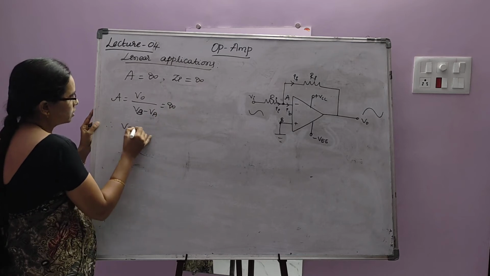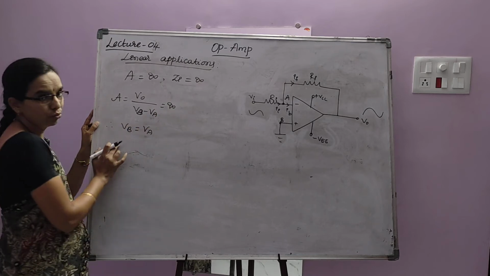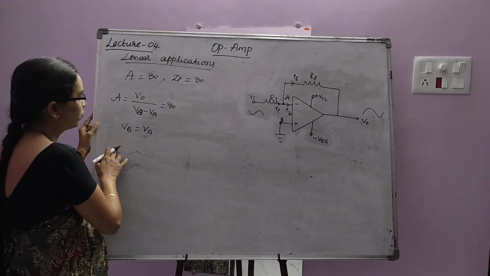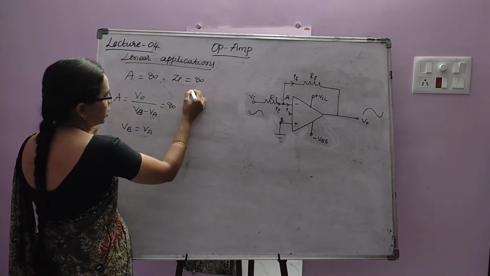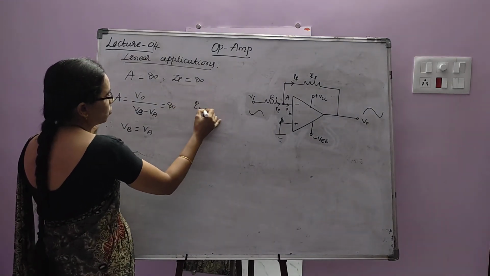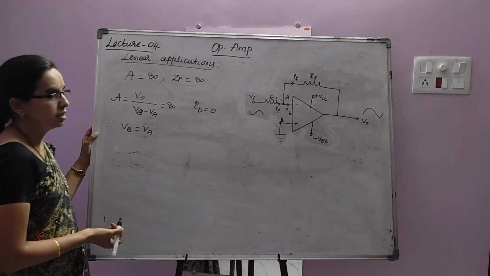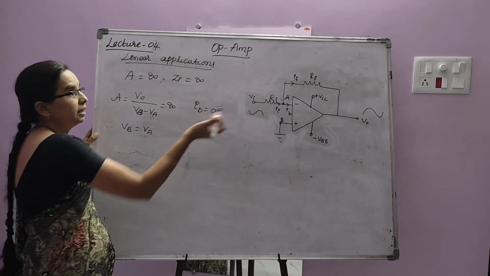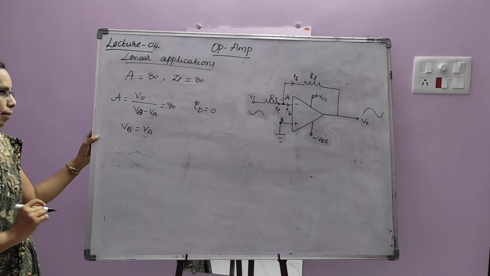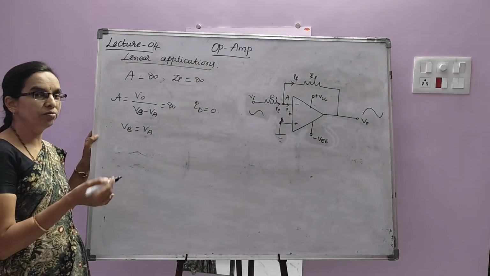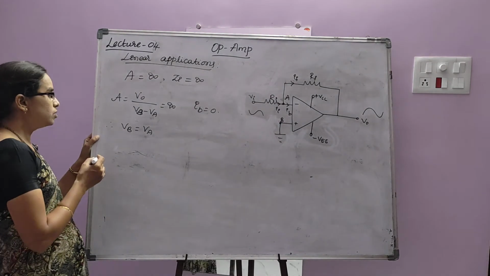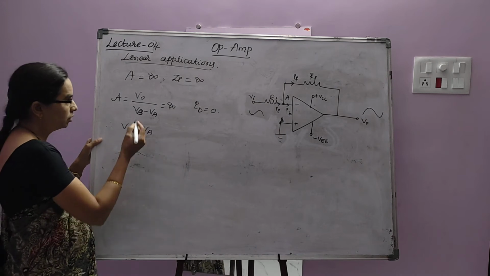Therefore, VB is equal to VA. This is the virtual ground concept. And because Zi is equal to infinity, IB is equal to 0, because no current will be entering into the op-amp. We have considered an ideal op-amp, as we have already told.